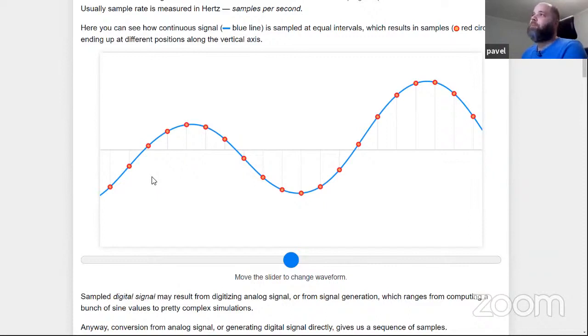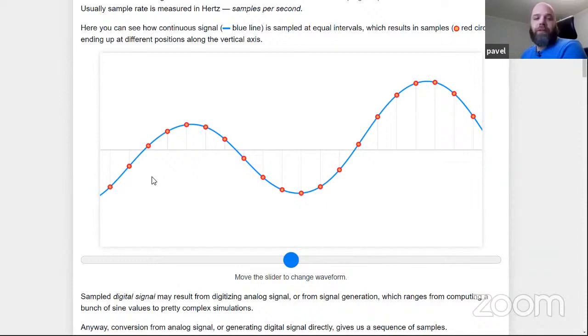So when we're sampling, we can sample at some irregular intervals, but it helps a lot to analyze and process the digitized signal when we sample at regular, steady intervals. When we do that, we can talk about sample rate. So sample rate is the rate at which we measure the signal, in other words, sampling the signal.